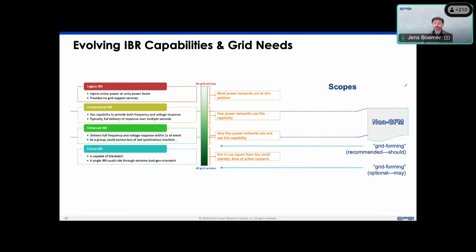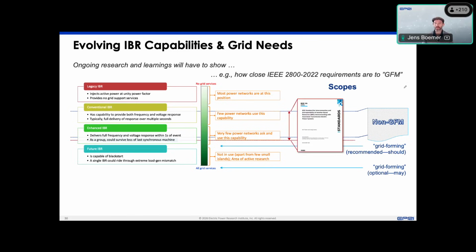And the idea is that going forward, we want to improve both the base standard, IEEE 2800, that is a mandatory standard, but then also add additional requirements or at least recommended capabilities with specified performance that would fill gaps related to grid forming type of behavior.